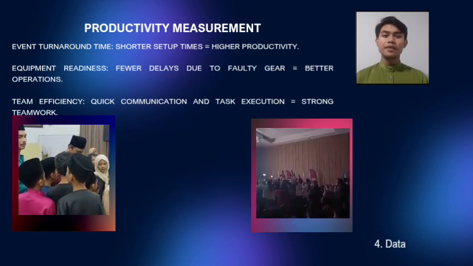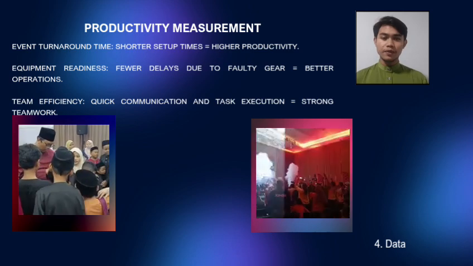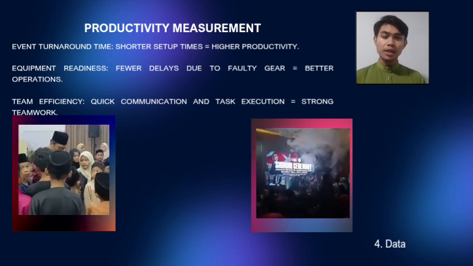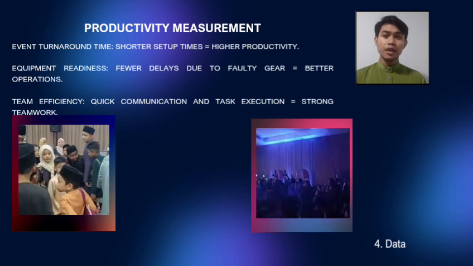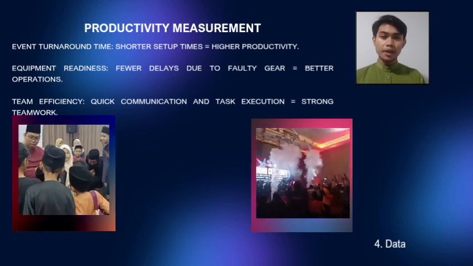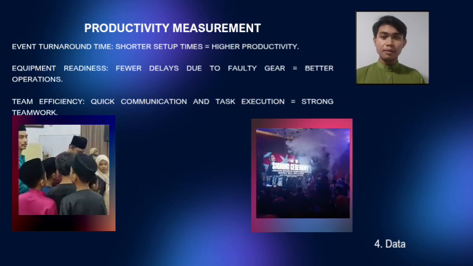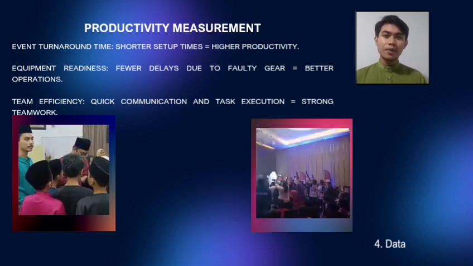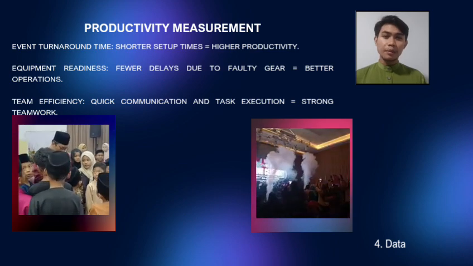And lastly, productivity measurement during event. Number 1, turnaround time. The shorter the setup time, the higher the productivity. It means that the less time used to set up an event, the happier we are. Second, equipment readiness. Fewer delays due to faulty gear means better operation.